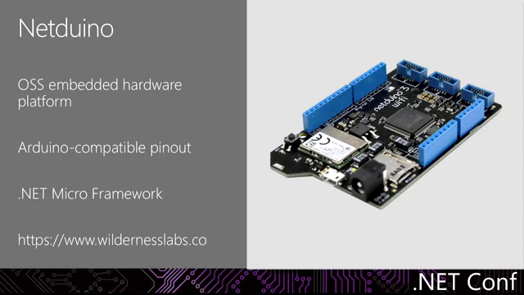These are little embedded ARM devices that have literally a few hundred kilobytes of memory. These are true embedded devices, and it's very analogous to an Arduino. It's even compatible with the Arduino pinout, so you can get Arduino compatible hats and put them on top.